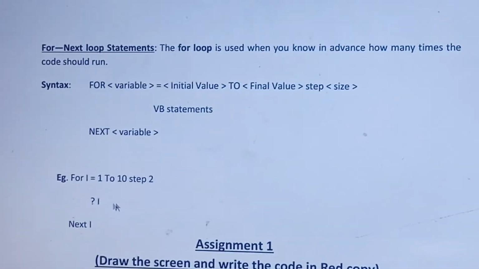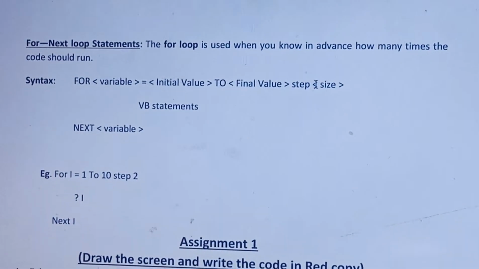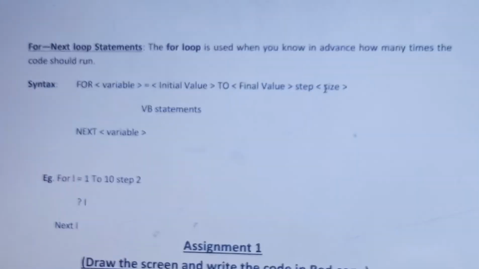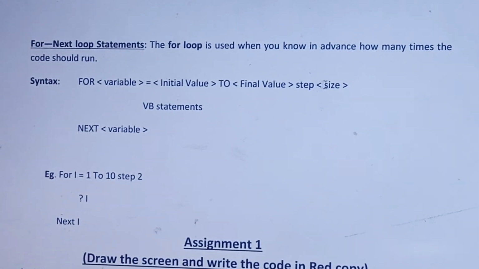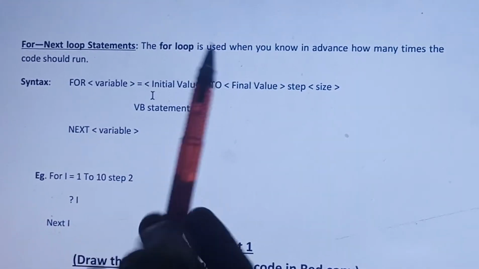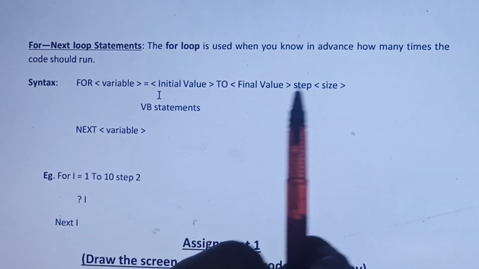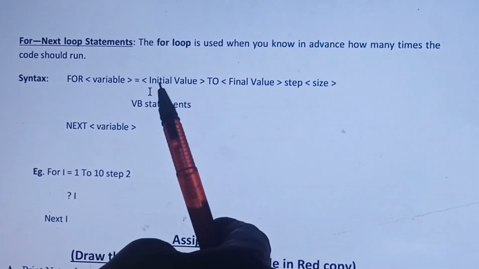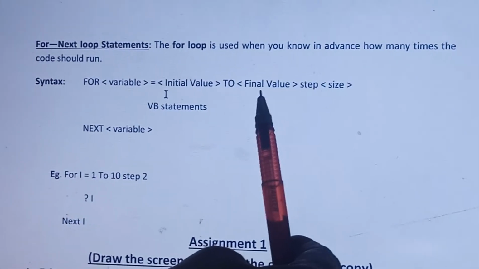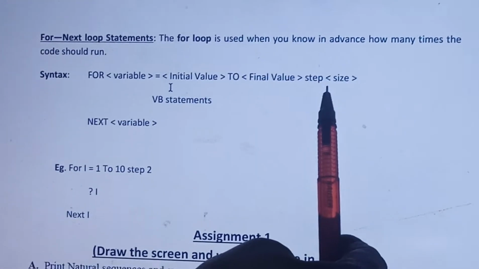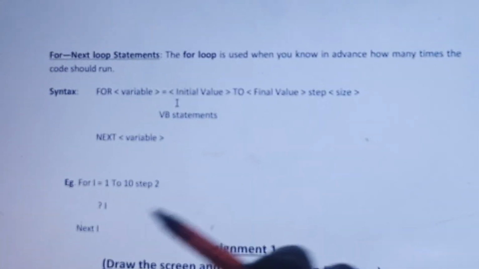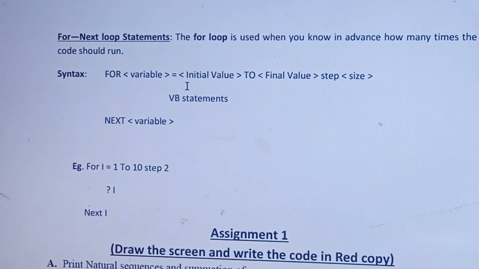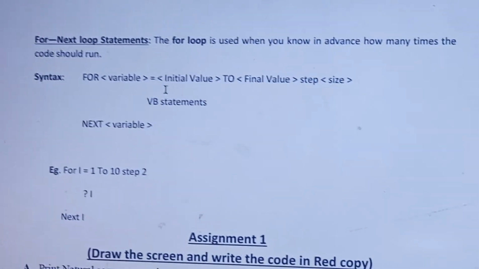And step size, step is if the size is more than 1 or it is negative, you have to write. Okay, remember, if the initial value is less than the final value, step is positive. If the initial value is more than the final value, then the step is going to be negative, right? So the syntax is important. Go through the entire thing and revert back to me if you have any doubt.